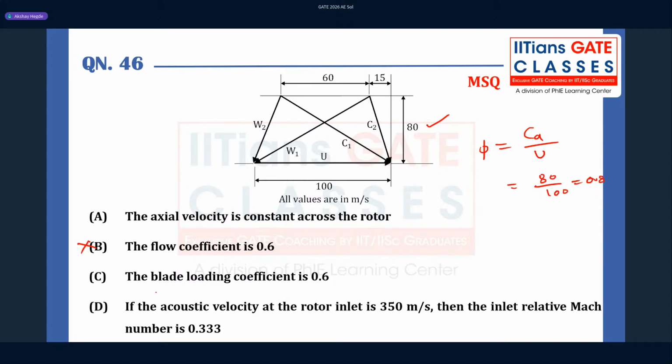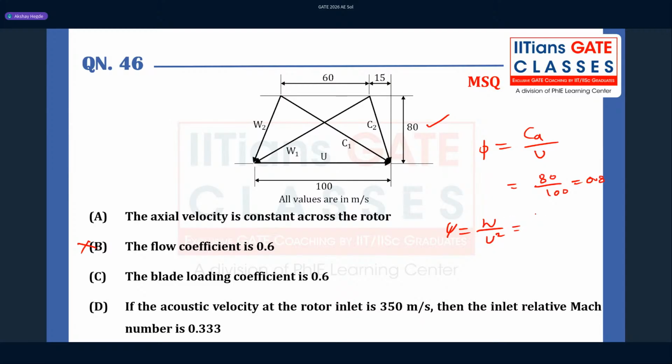So then they are saying blade loading coefficient is 0.6. So how do you calculate the blade loading coefficient? That is nothing but the work done by the compressor to that of the peripheral speed. So W by U square. W is nothing but the work transfer.